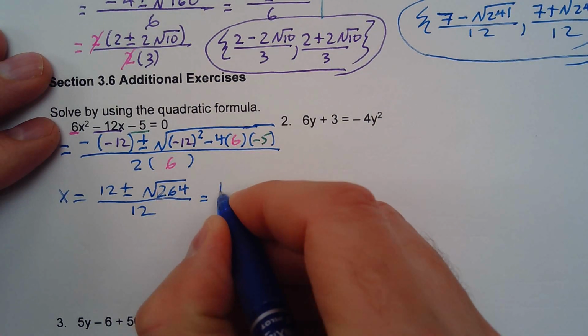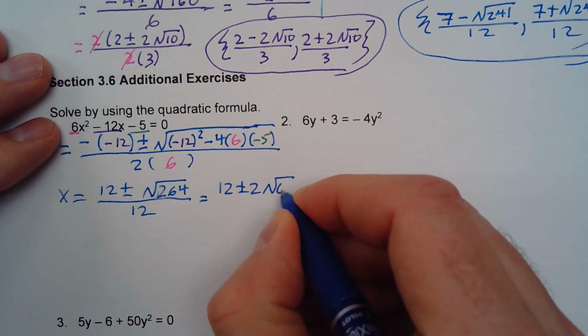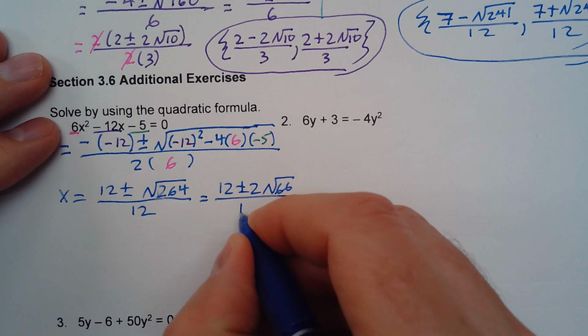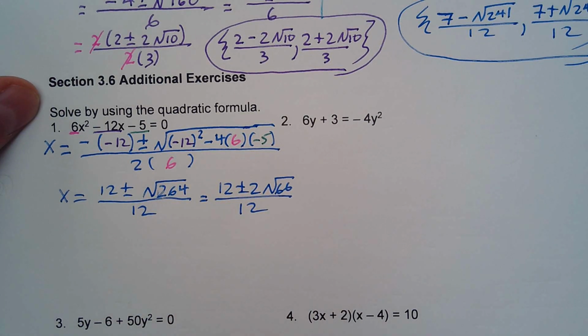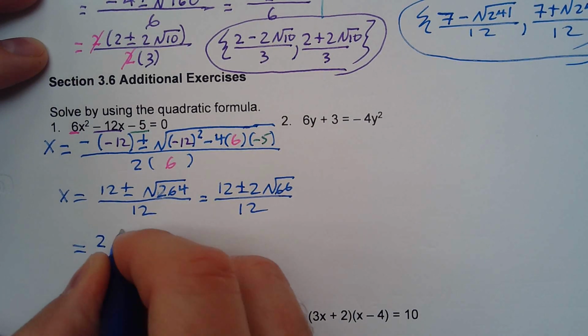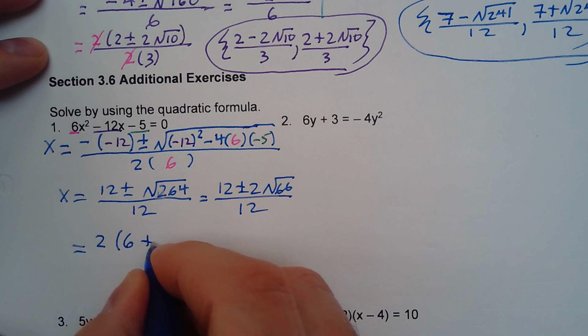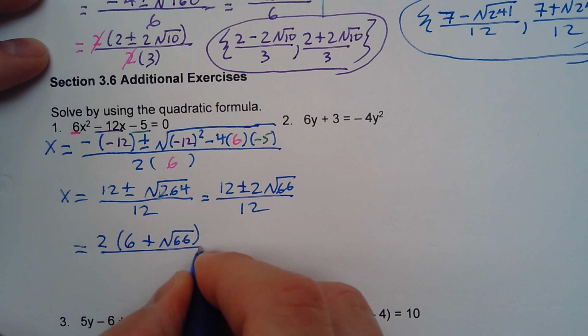So this means 12 plus or minus 2 square root of 66 over 12. We can factor out a 2 from both. So that's 6 plus or minus the square root of 66 inside the parentheses.